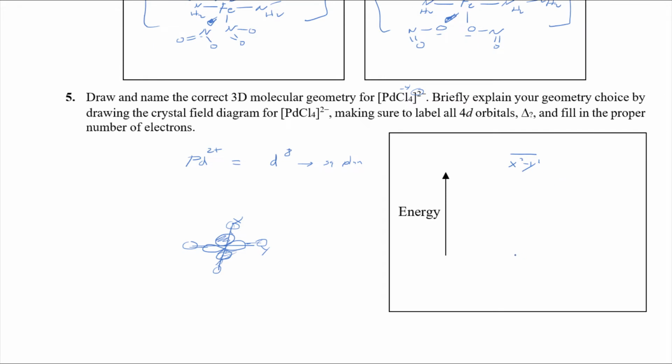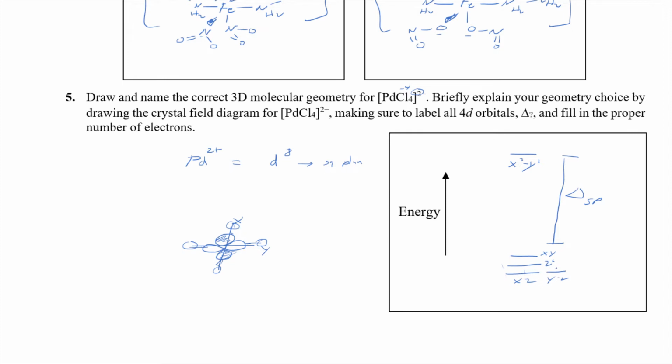And so the rest of them I'm not too concerned about. You can just put them down here if you wish, and so you'll say, okay, well, that's probably going to be xy, that's z², that's xz and yz, and I'm not too worried about the ordering of these two, but I really want you to see that that is your giant gap square planar. And so here you say, okay, well, I've got 8 electrons.